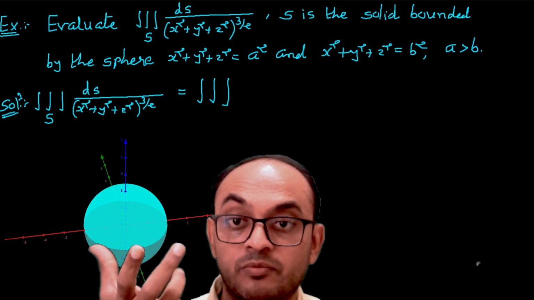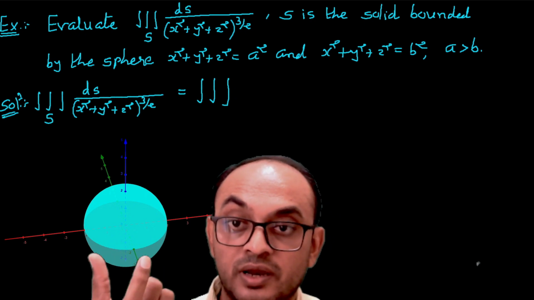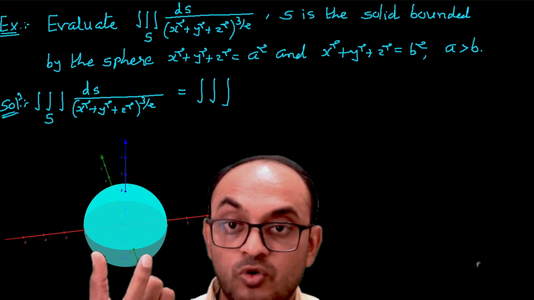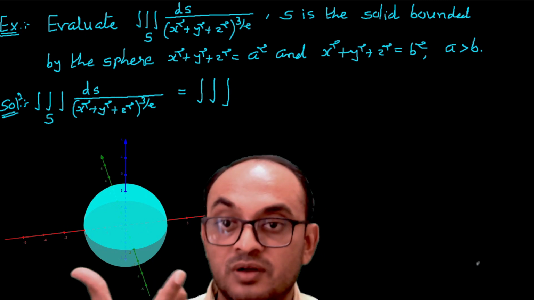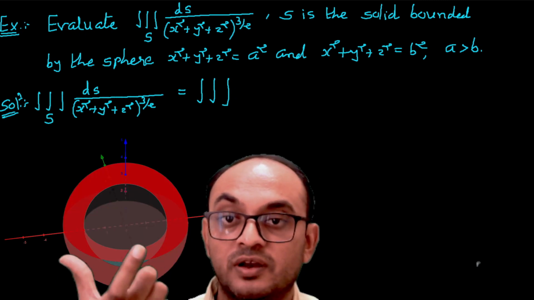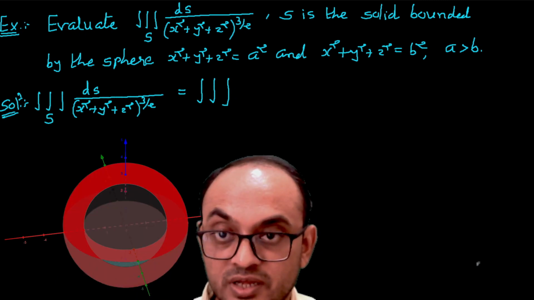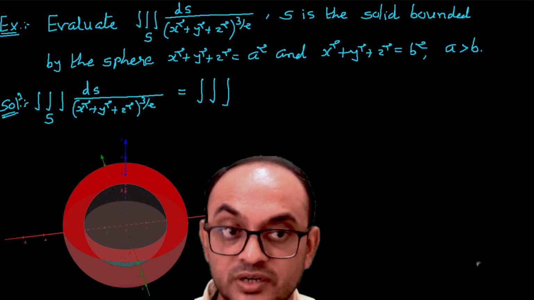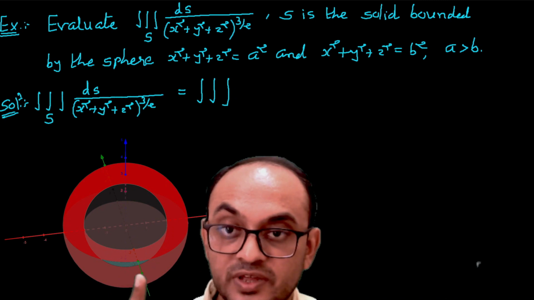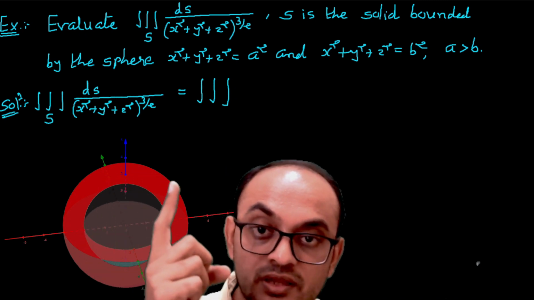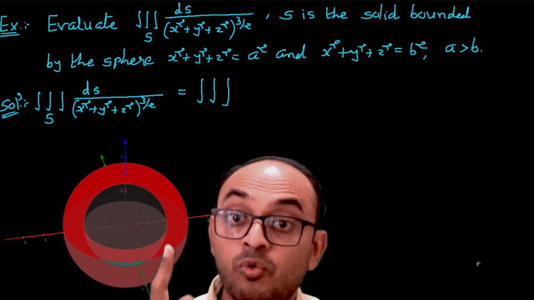Whenever I draw the large sphere, the small sphere goes inside, and due to some color reflection the color is changing, right? So the black colored portion is the inner sphere, and the red color is the outer sphere.